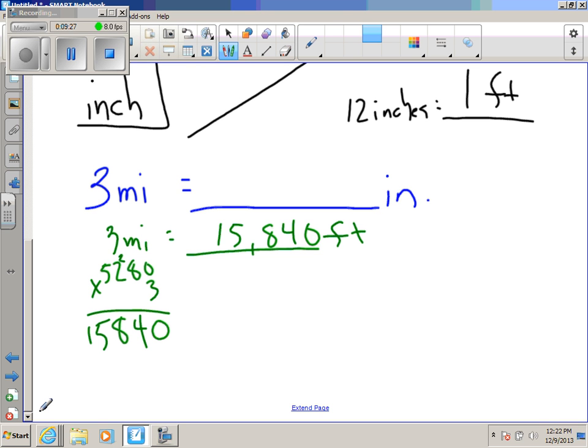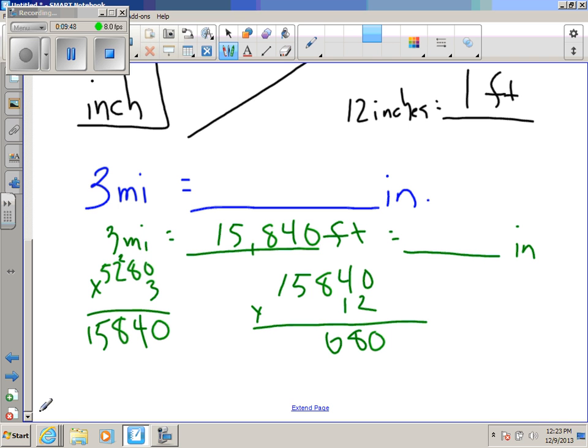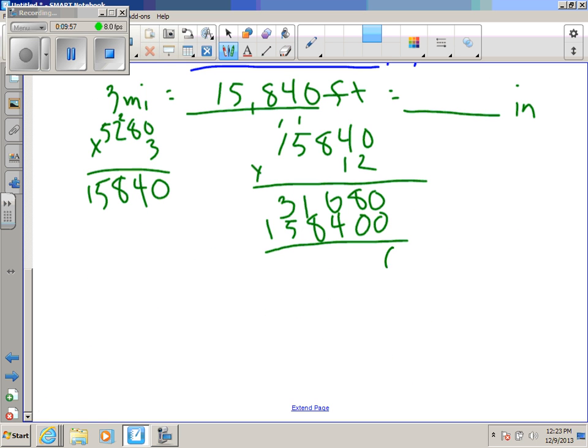If I know how many feet are in 3 miles, I convert the feet to inches by doing what? Multiply by 12. And we would get 190,080 inches.